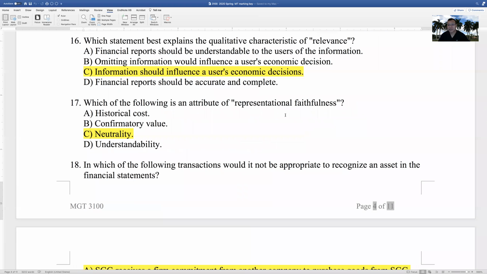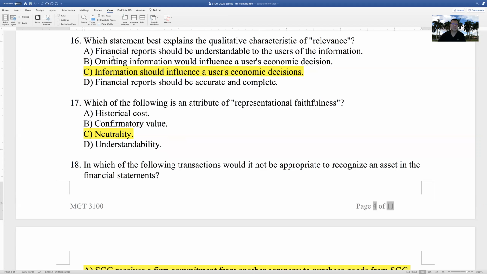Question 16. Which statement best explains the qualitative characteristic of relevance? The answer is C. Information should influence a user's economic decisions. Let's take a look at A. Financial reports should be understandable to the users of the information. This is the enhancing qualitative characteristic, which is understandability.